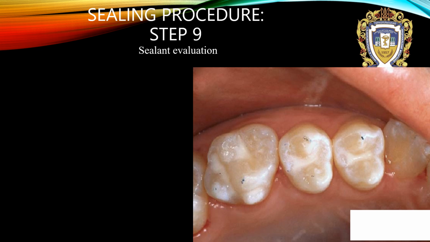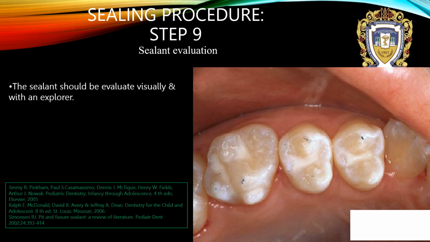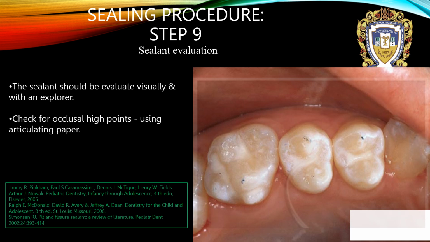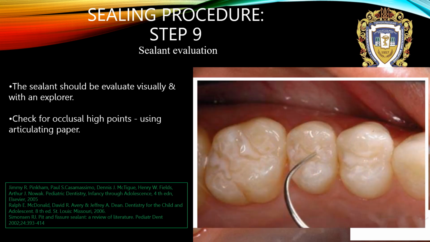Next step, sealant evaluation. The sealant should be evaluated visually and with an explorer. You must check for occlusal high points using articulating paper.